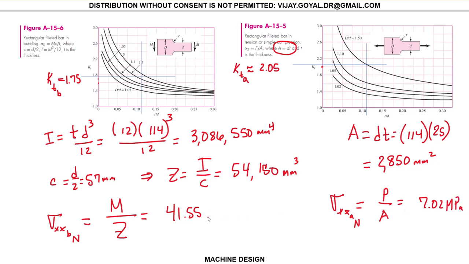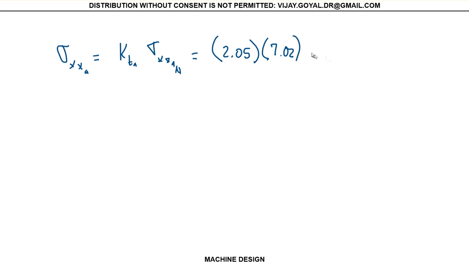Megapascals and megapascals. Now I have to take this and multiply by these factors. So sigma xx axial will be Kt axial times sigma xx axial nominal, and that will be 2.05 multiplied by 7.02, which gives you 14.39.